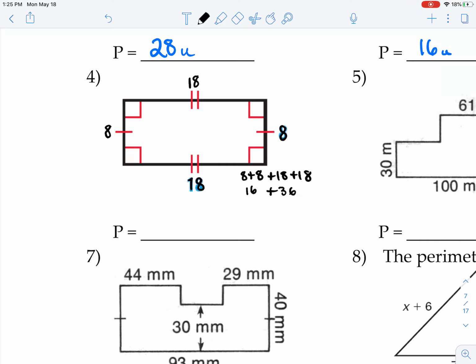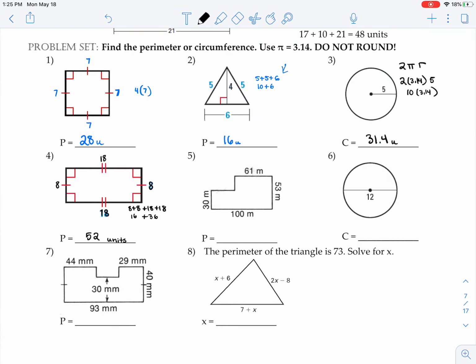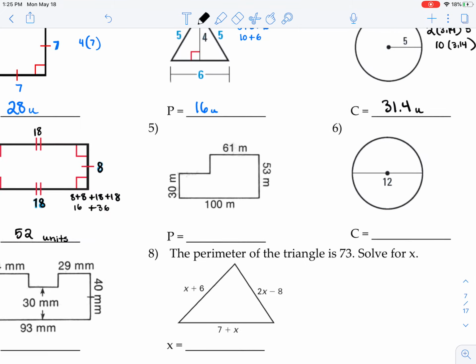So 16 plus 36 is going to give us 52. 52 units. You don't have to write out units. I didn't for any of the other problems, just felt like it this time.